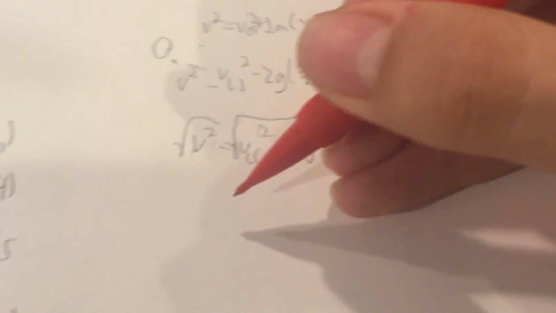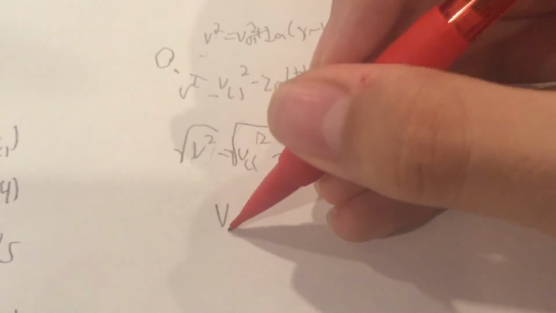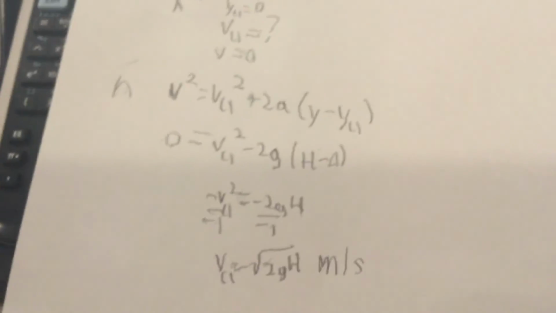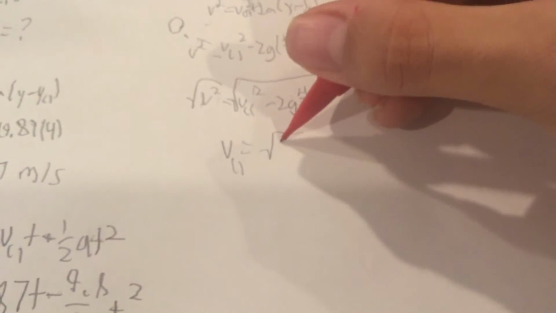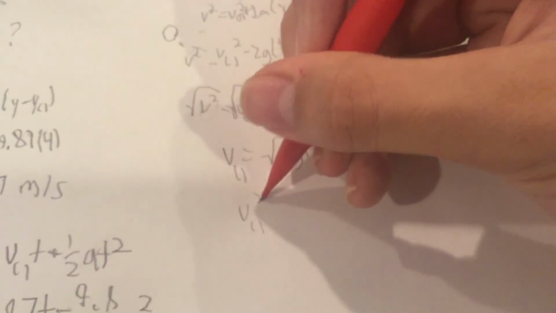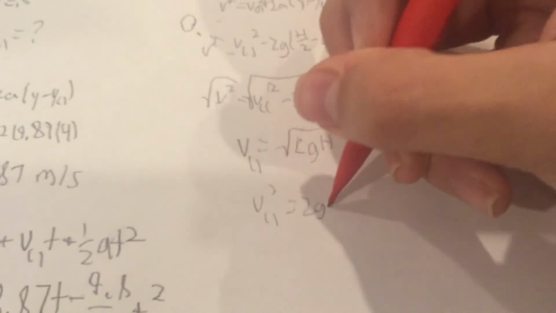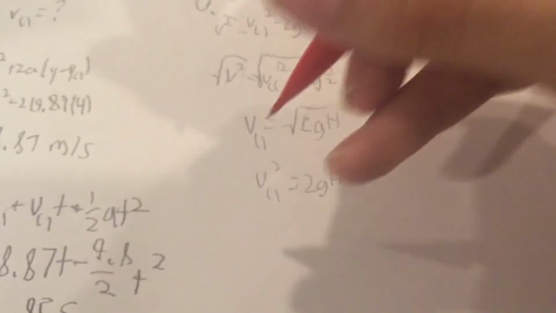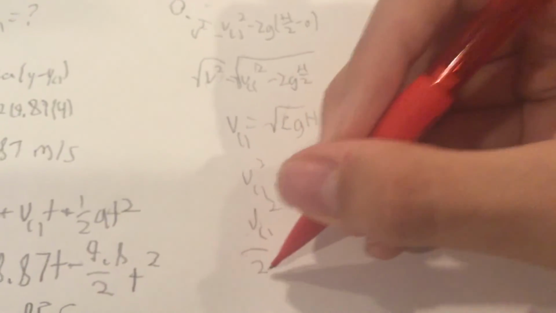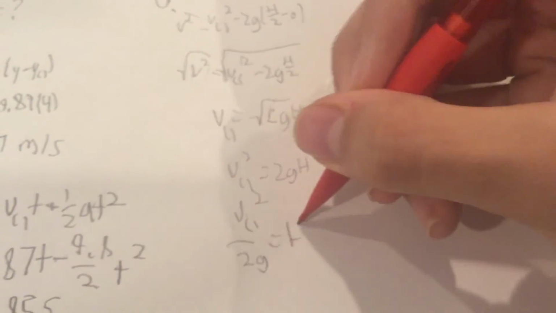So we know that v naught equals root 2gh. So v naught squared equals 2gh, so that's what h equals.